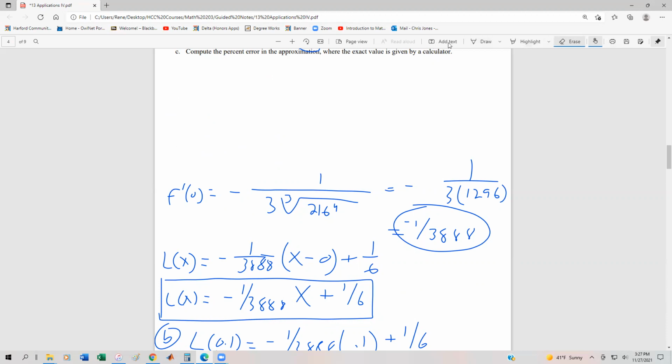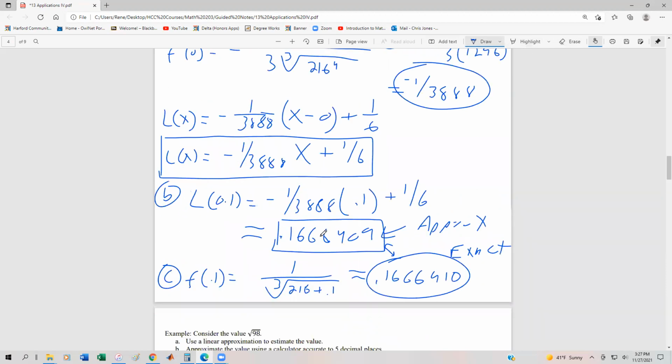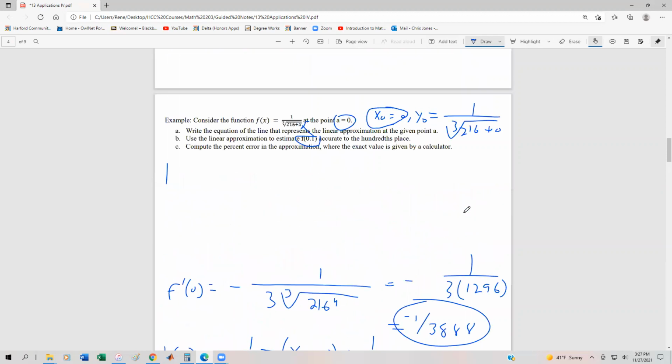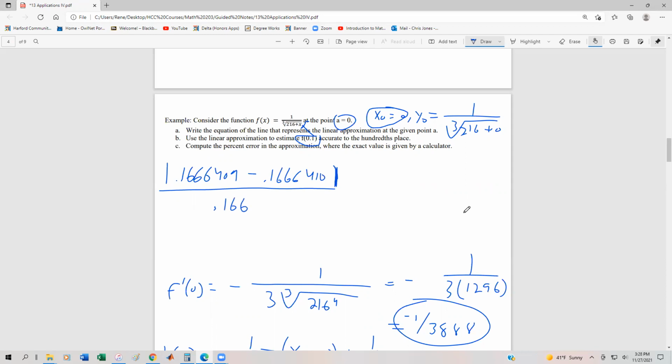So for our percent error, we are going to have the absolute value of the approximation, 0.16666409, and we're going to subtract that from the exact value, 0.16666410. Then we're going to divide that by the exact value, 0.16666410, and then multiply that by 100%. We're just going to shove that in the calculator at this point.